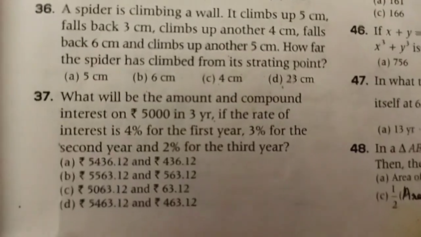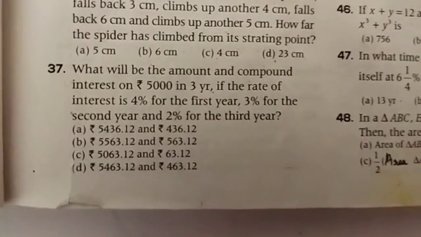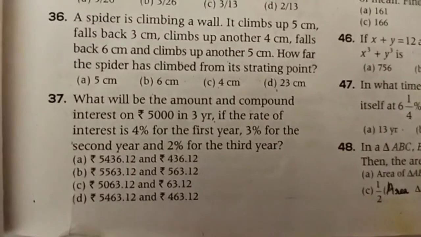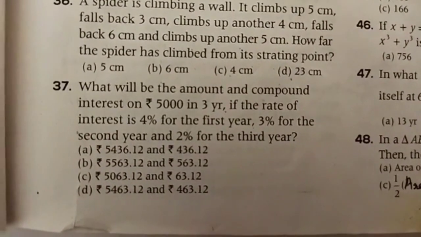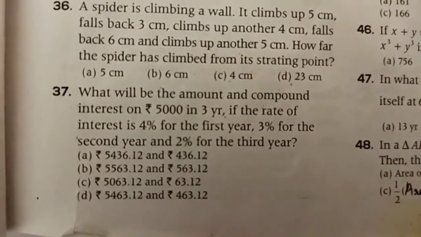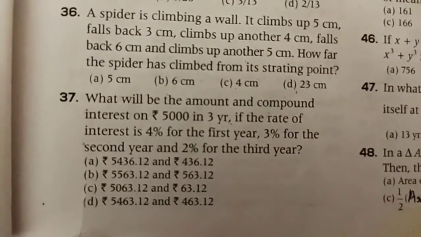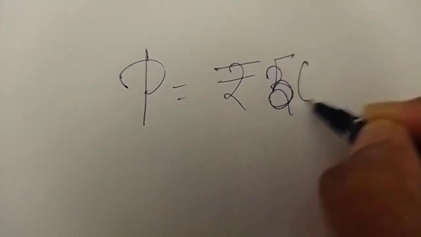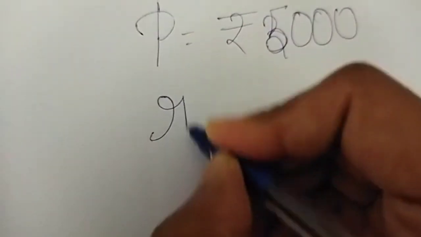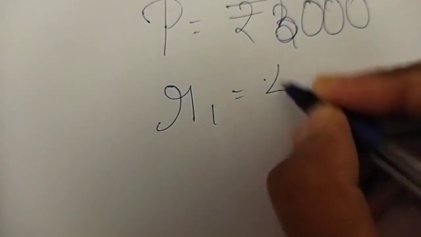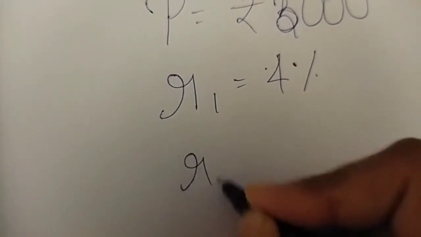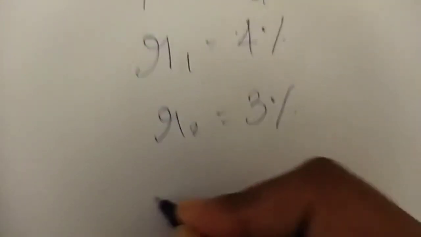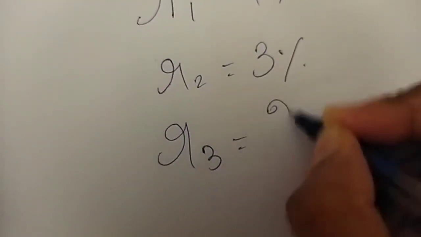What will be the amount and compound interest on rupees 5,000 in 3 years if the rate of interest is 4% for the first year, 3% for the second year and 2% for the third year? So here the principal is rupees 5,000 and successive rates of interest are given. R1 is equal to 4%, R2 is equal to 3%, R3 is equal to 2%.